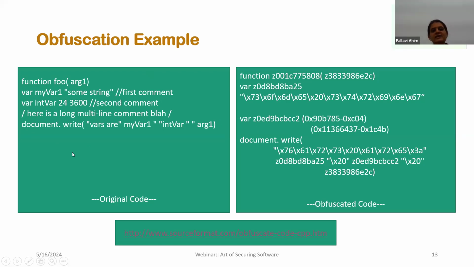Document dot write is the functionality we apply, so document write stays as it is, and the remaining things are getting changed. So we can call this one obfuscated code, and by just looking at it we cannot tell what it does. The code is obfuscated, and an attacker may find it difficult to understand, but there are mechanisms to deobfuscate it as well.